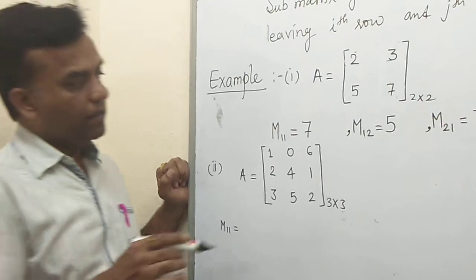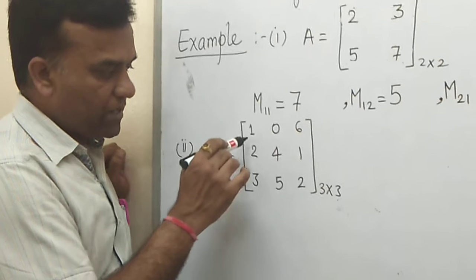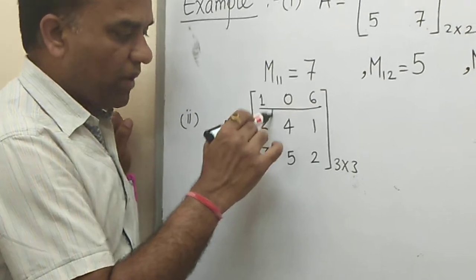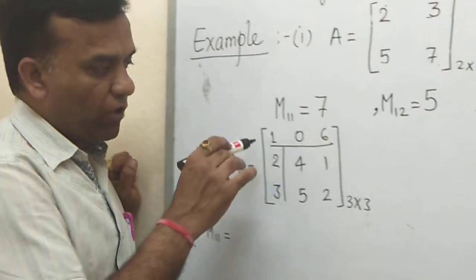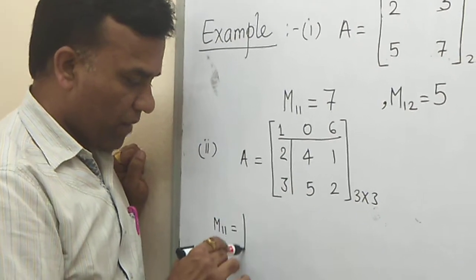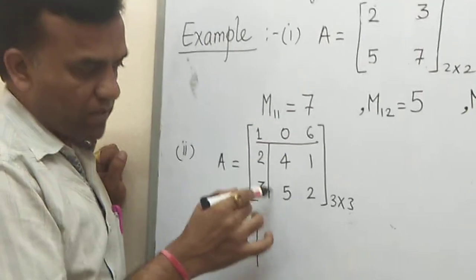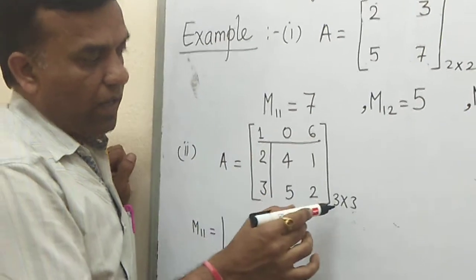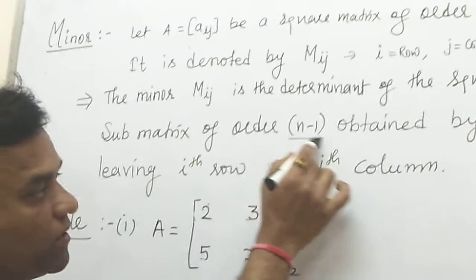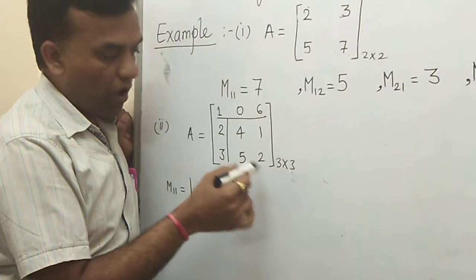The procedure is the same. Here we find M11. 11 means first row and first column are important. You leave out the first row and first column, then write the rest of the values in the form of a determinant, a submatrix. Your order is 3, so n minus 1 means your order is 2 by 2.